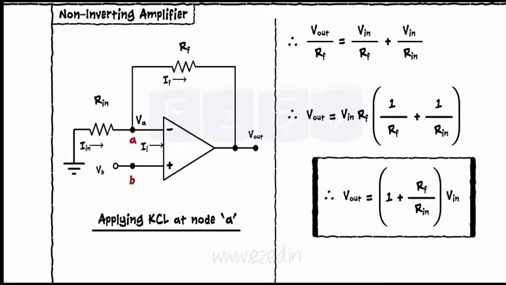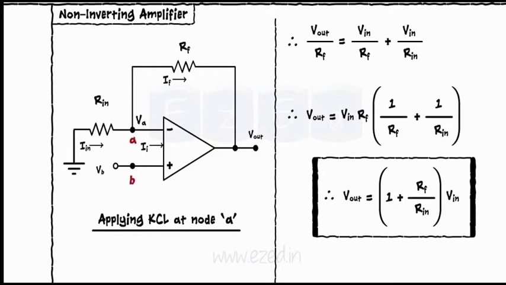In the circuit, we have connected an external resistance Rin and feedback resistance Rf at the inverting input. Now let us apply Kirchhoff's current law at node A in this circuit. So we can see that at the input you are receiving the signals through Rf and Rin.